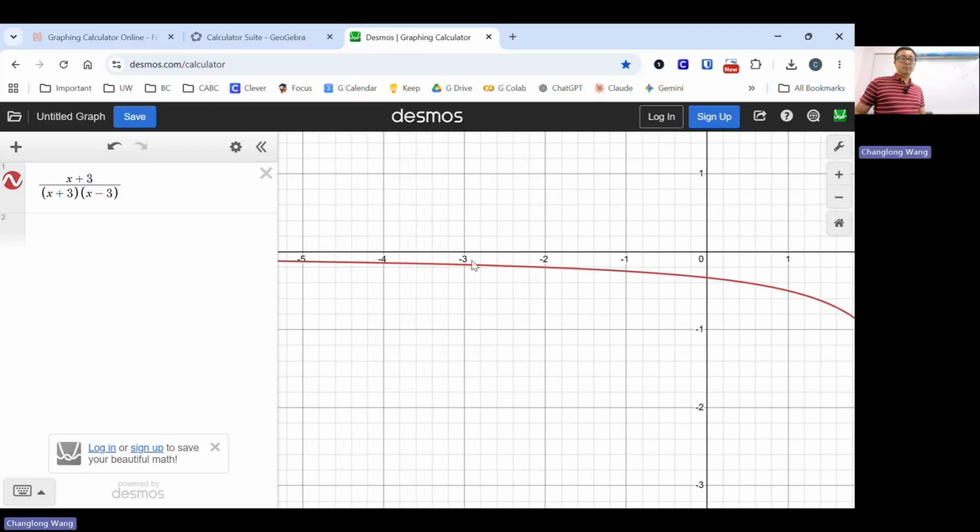But it turns out that for some reason Desmos allows you to track it. I didn't realize until this morning. I was playing with it. I was curious if Desmos was going to show us. So it turns out that if you click and hold the button, right, your cursor, you slide on the curve. So see what happens when it gets to where the hole is supposed to be.